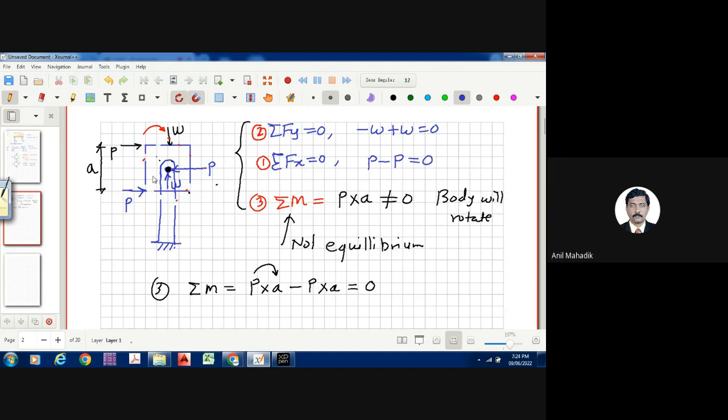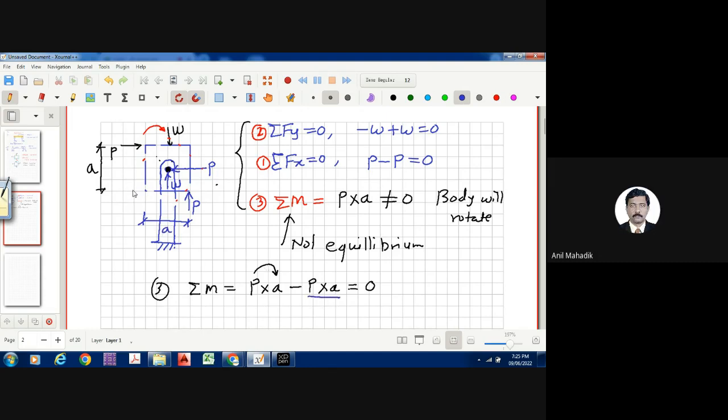Or there can be one more solution. If this distance is also A, let's say, so either put here or here also, isn't it? Will it be okay? Because this distance is also A, so it will be P into A, right?